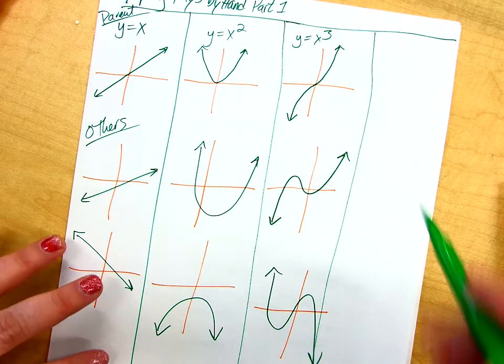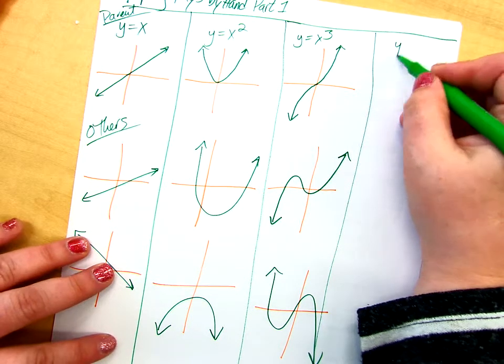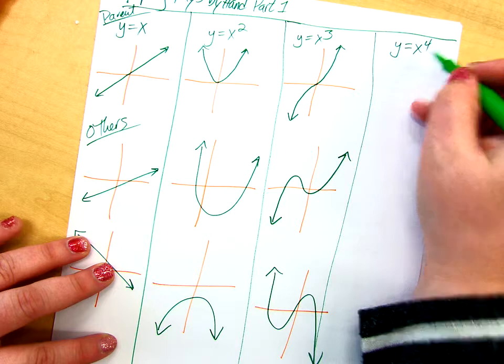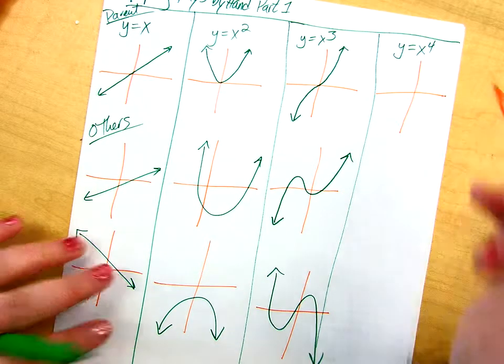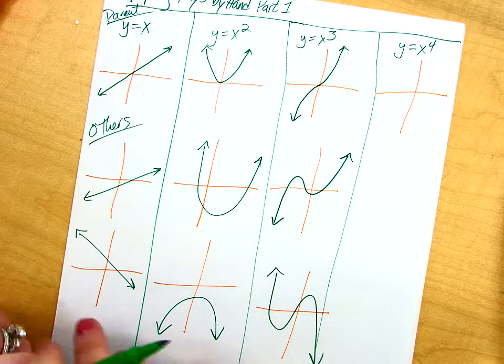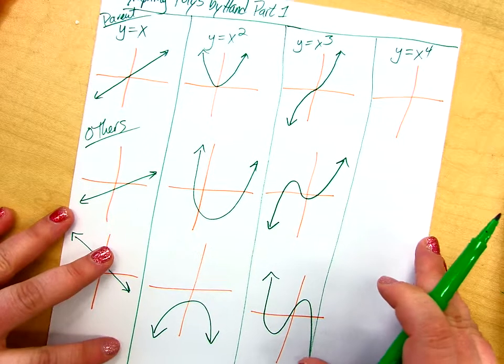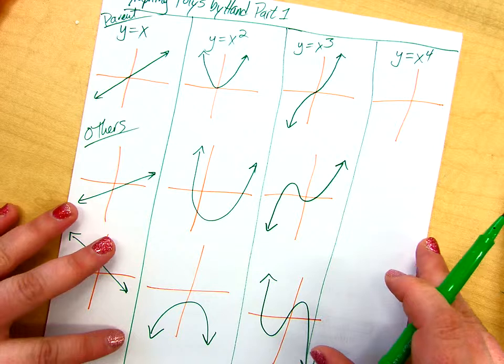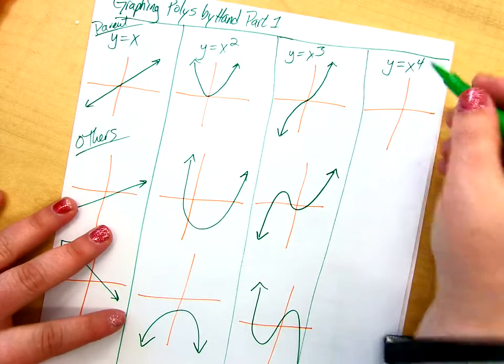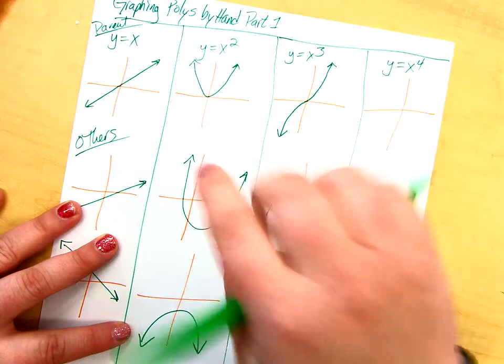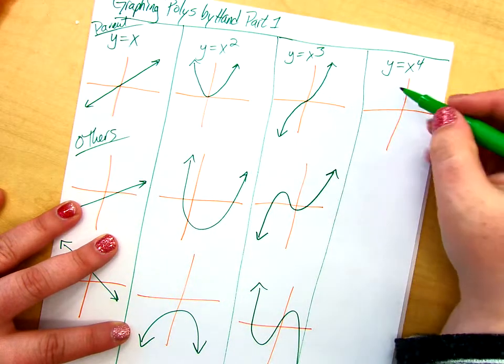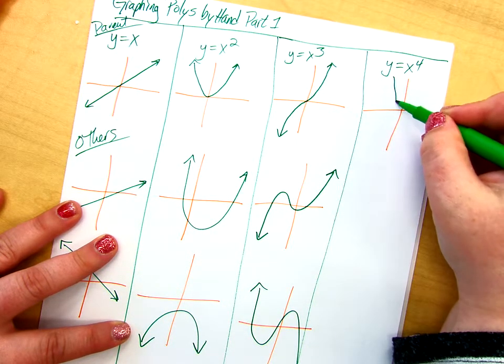Y equals x to the fourth. What do you suppose those look like? I mentioned briefly to you last week what some of them look like. They can be W's. If you graph y equals x to the fourth itself, it really just kind of looks like x squared, except it's a little bit more flat looking on the bottom.